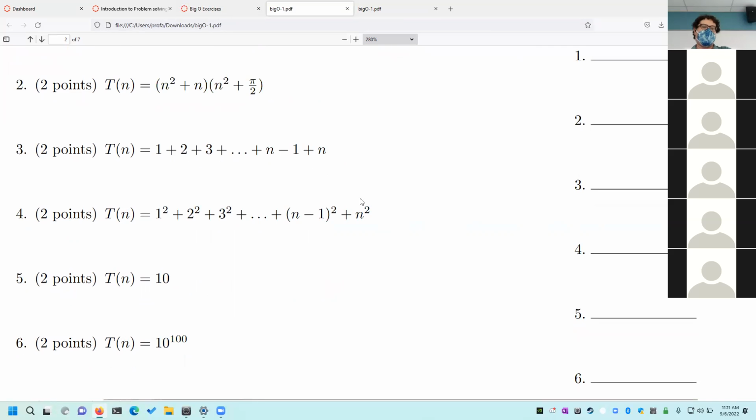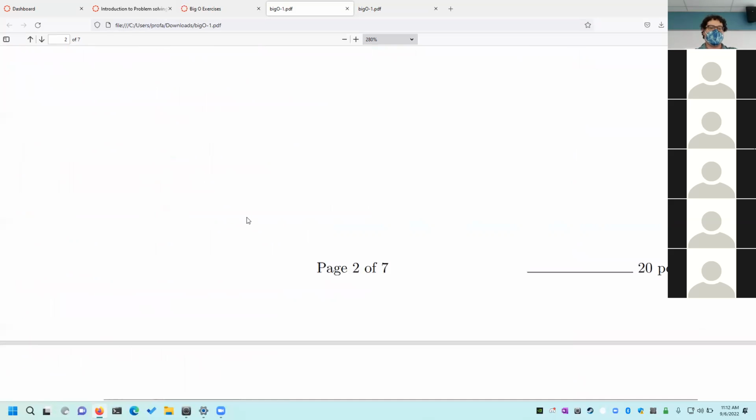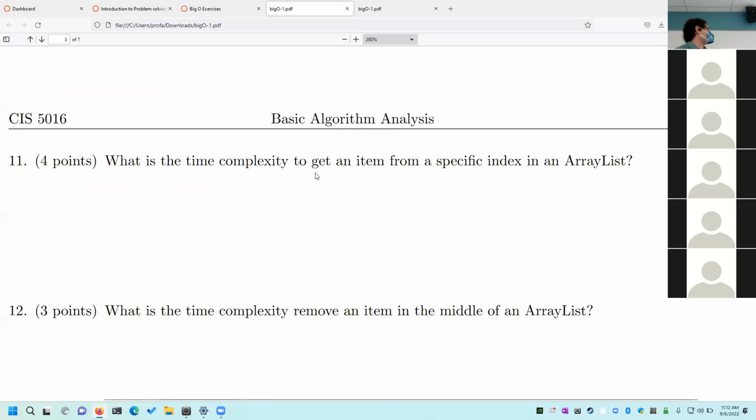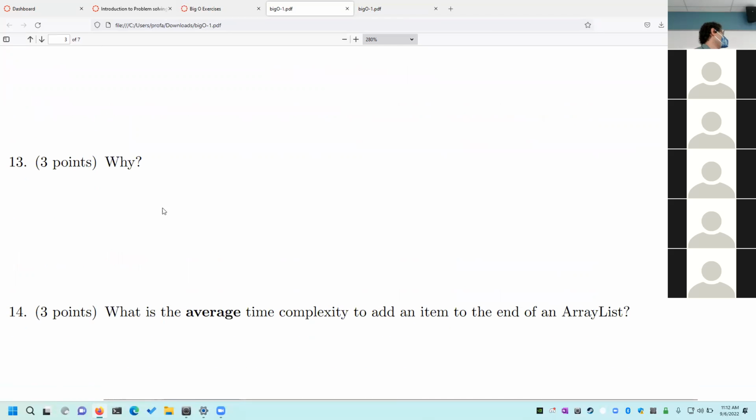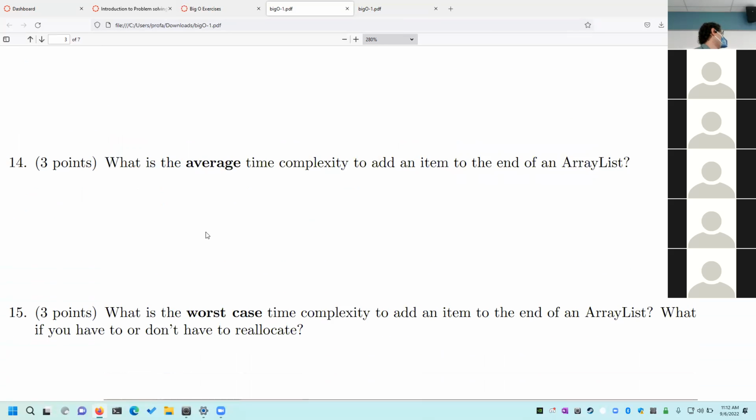So don't worry about those. Just try your best, or just Google the sequence 1 + 2 + 3 ... Try Googling those sequences and see what they come up to. Google's your friend here. Okay, here these are questions about array lists and how long those operations take on array lists, and then a question about explaining why that happens.